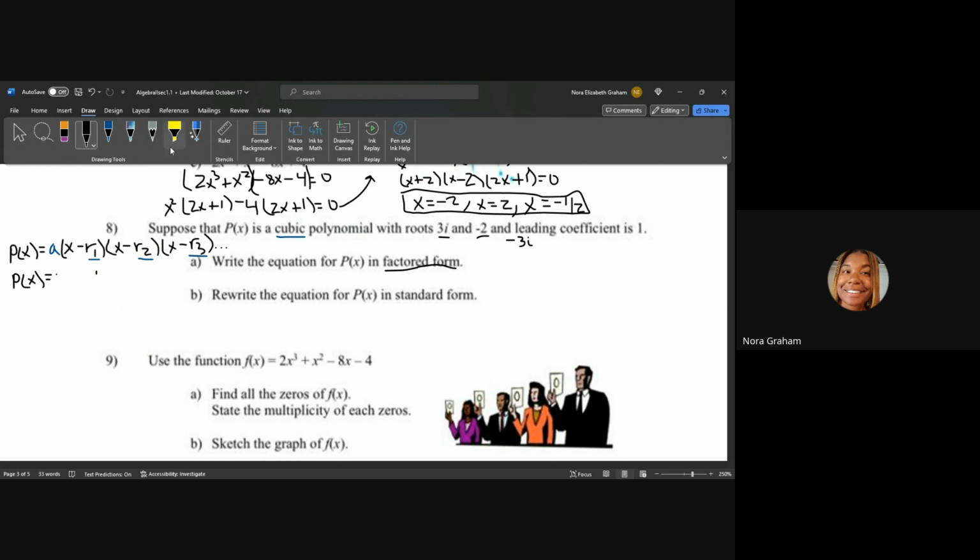Wait. Oh, my apologies, something looked wrong. Our a is actually our coefficient, so they give us that. But it is going to be a cubic. So we know our x to the 3rd power is going to be our highest, and our coefficient is our a. Right? So in this case, our a is just going to be 1.